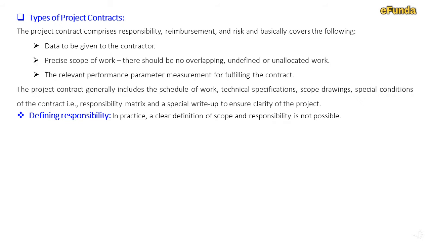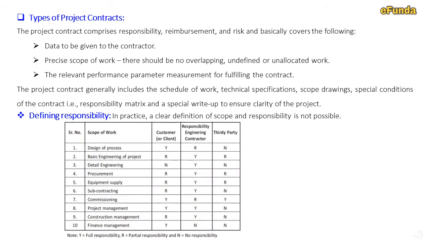One can refer to the attached table where one can see the scope of work, that is activities, customer or client, and responsibility of the engineering contractor and third party contractor. This is how the table is defining, which includes design of process, basic engineering of a project, detail engineering, procurement, equipment supply, subcontracting, commissioning, project management, construction management, and finance management.